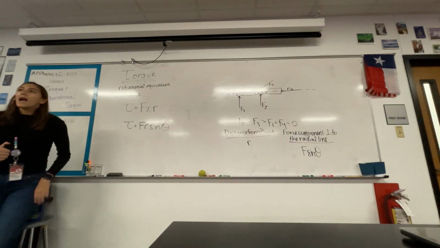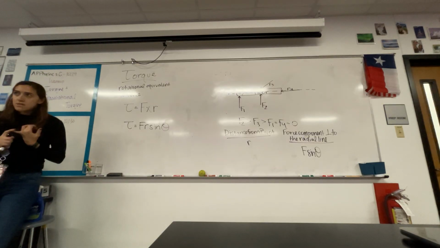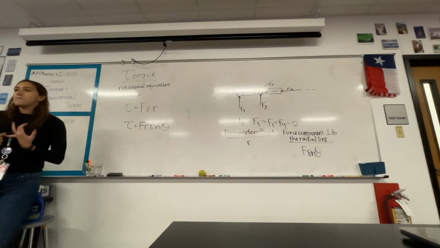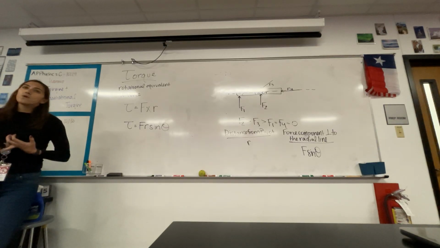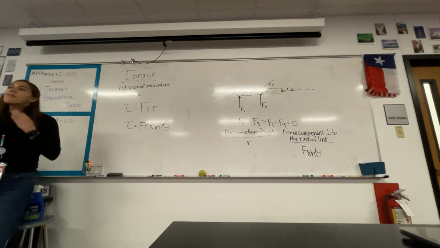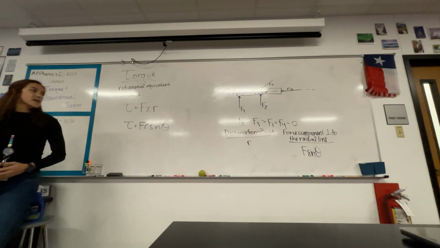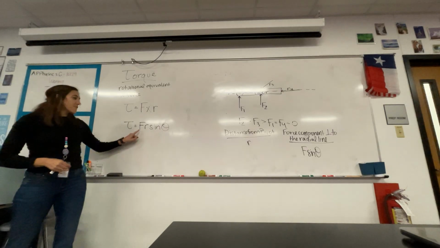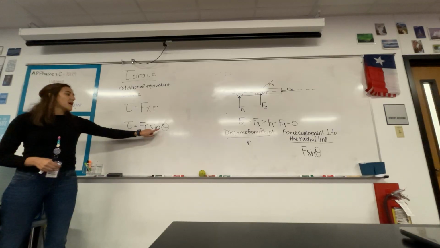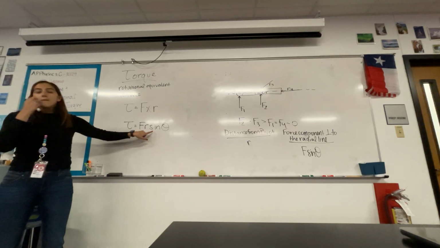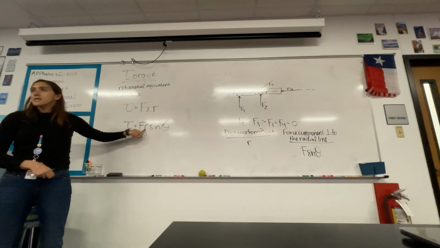You think of torque as the distance that the force is away from the pivot and how much of the force is in the right direction. It covers all the things in this equation. The force component, F sine theta, that's the force component, and it also covers distance.